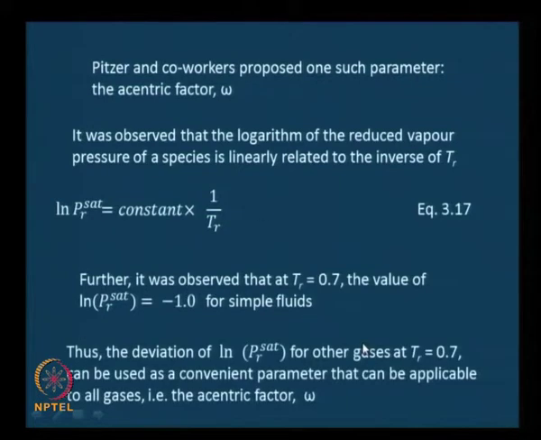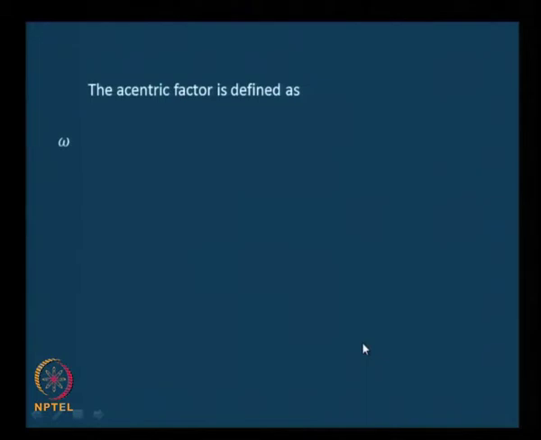The eccentric factor is essentially the difference between the logarithm of the PR sat value at a TR value of 0.7 and that value for simple fluids, which happens to be -1. Therefore, this in essence gives the deviation from the simple fluid behavior of the other fluids, and therefore this is taken as a single parameter.